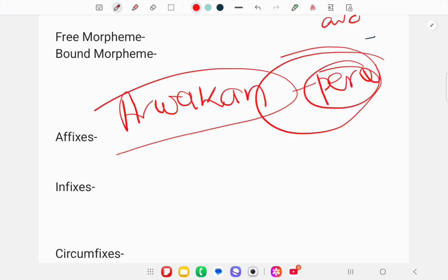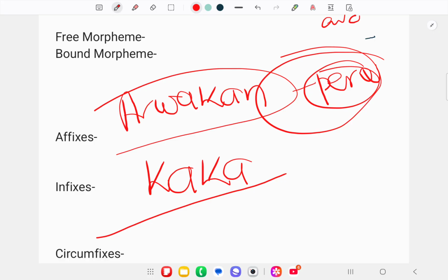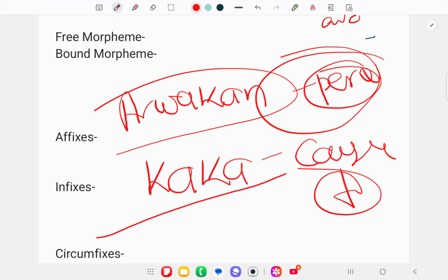For the Arawakan language spoken in Peru, in South America, there is a single morpheme, kaka, which is added to the verb to express the meaning of causation.